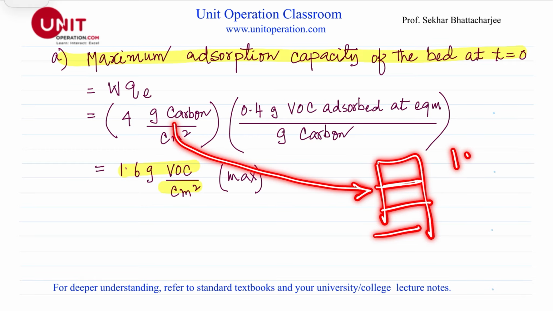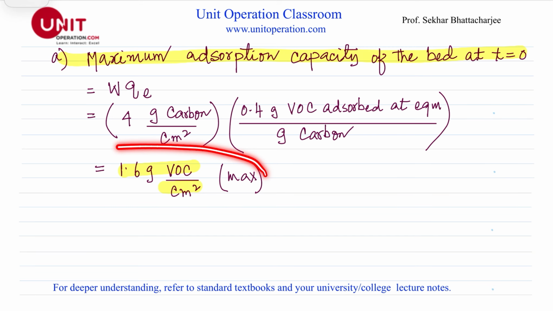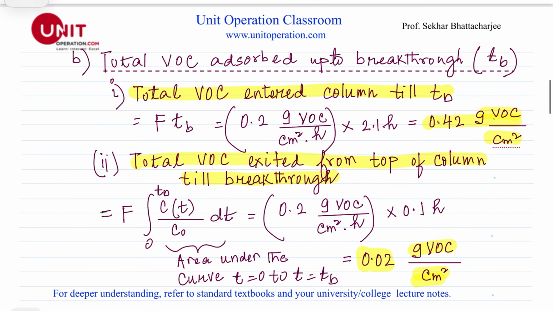We really don't know the cross-sectional area, but let's take a basis of 1 square centimeter. So we have 4 grams of carbon, and the maximum adsorption capacity is 0.4 gram of VOC adsorbed at equilibrium per gram of carbon. So the total capacity is 1.6 gram VOC per square centimeter. That's the maximum. Okay, what is the next step?